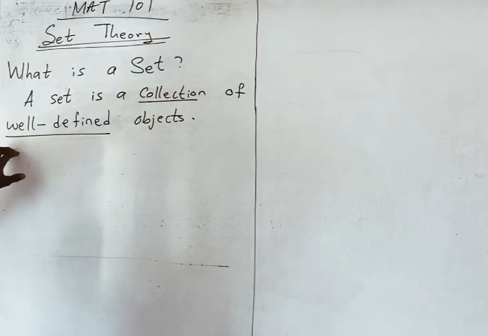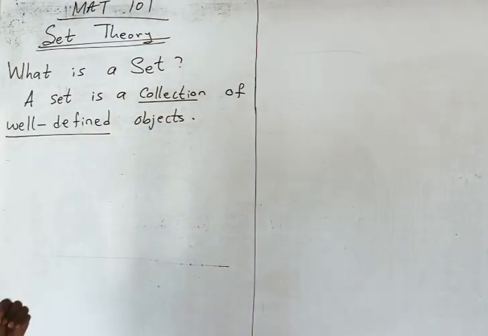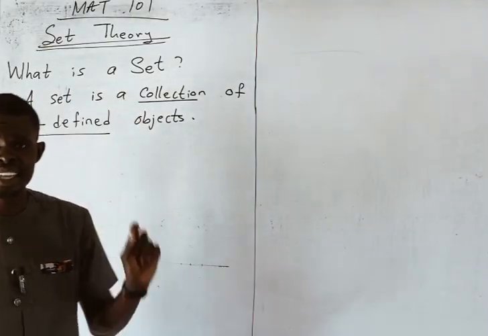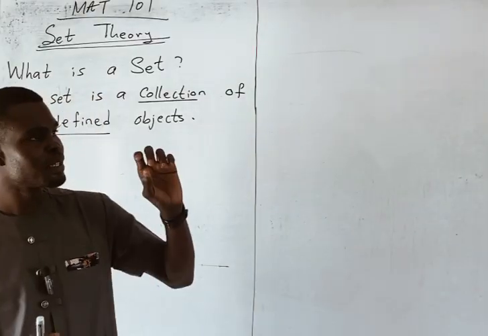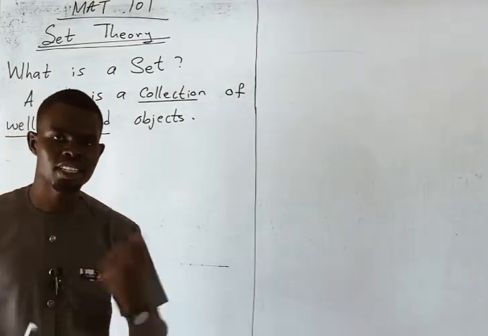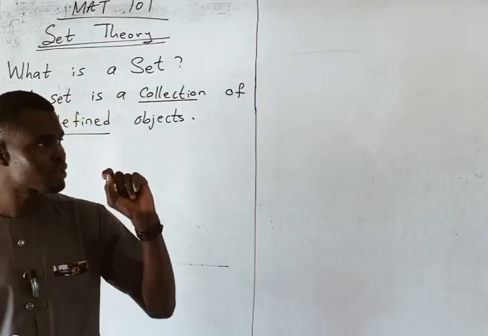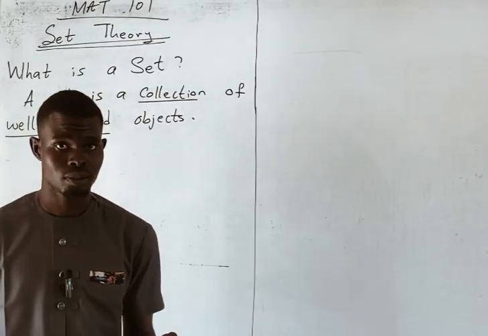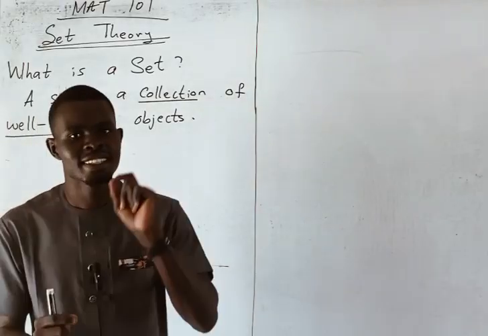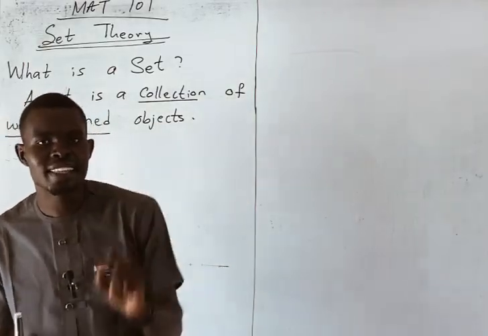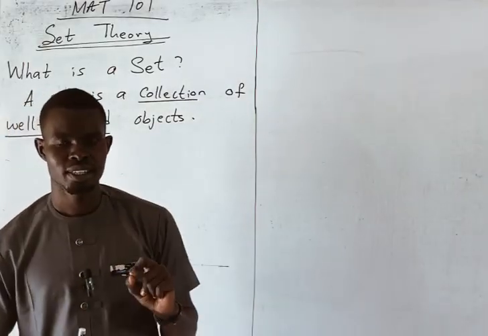Now, talking about this phrase, well-defined. As I said earlier, if you ask me, do you want a car? Or just bring me that car. Which car are you talking about? Are you talking about Toyota or Lexus or Benz? Now, talking about well-defined, you can just tell me, go and bring me that Toyota Camry.